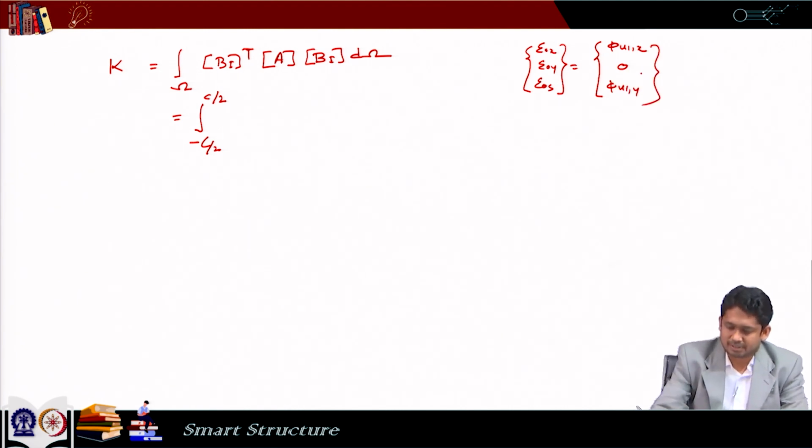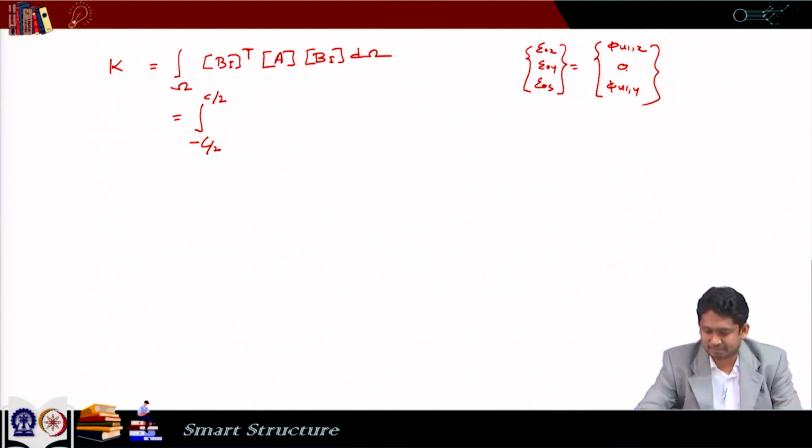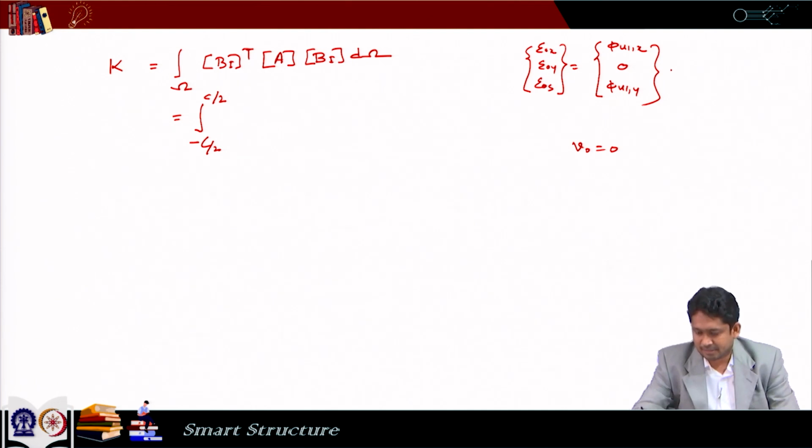So, not only is the variation of u0 along y 0, even our v is also 0. So, v0 is 0, and then this B matrix, and then this entire thing is multiplied with q u1.